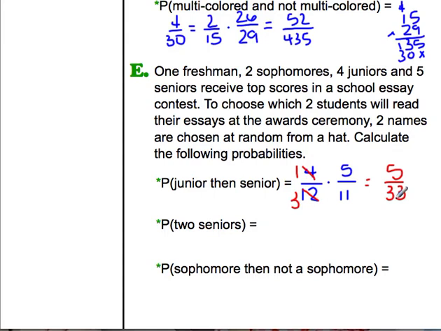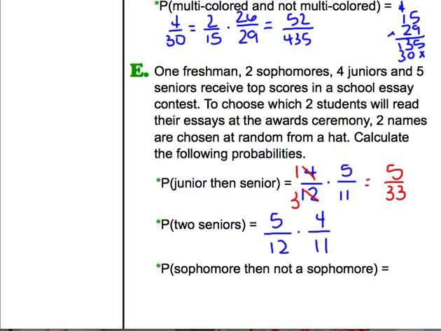Now we've got the probability of choosing 2 seniors. Now we have 12 students whose names are in the hat, and of them, 5 of them are seniors. If we assume that the first person chosen is a senior, that means we are now down to 11 students in the hat, 4 of which are seniors.